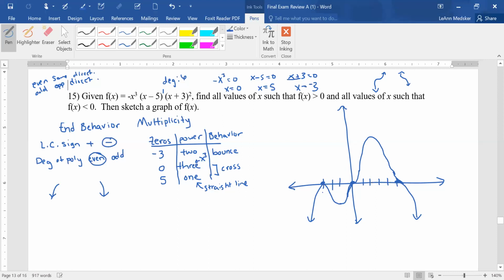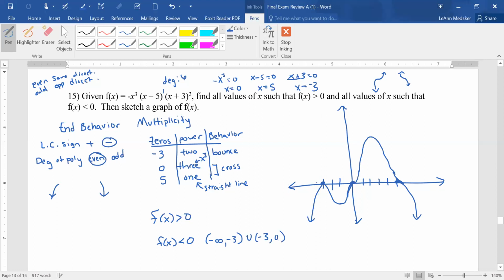So this is my picture, and then I want to answer the question, when is f of x bigger than 0 and when is f of x less than 0? And this is determined on the x-axis. If I pick an x value, will the graph be below the x-axis or above? So from -infinity to -3, our graph is below the x-axis, so it's going to go in this region. From -3 to 0, we are still below.